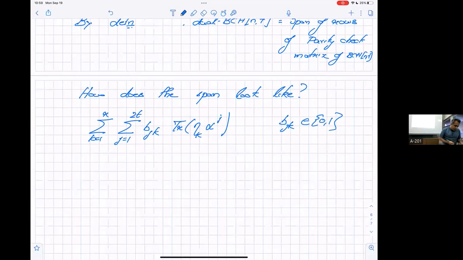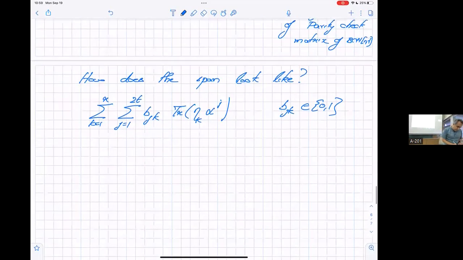Now once again I can do linearity. So this is the same as j going from 1 to 2t, trace of b_jk eta k, taken from 1 to r.